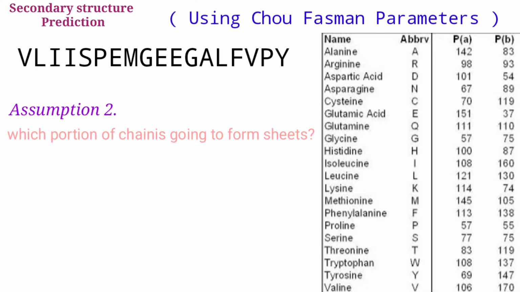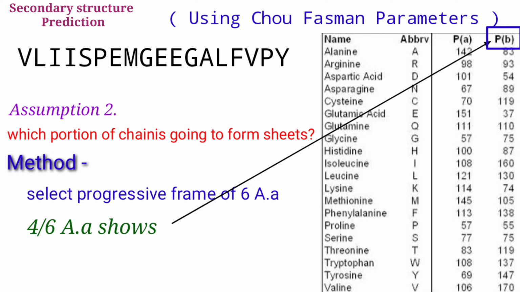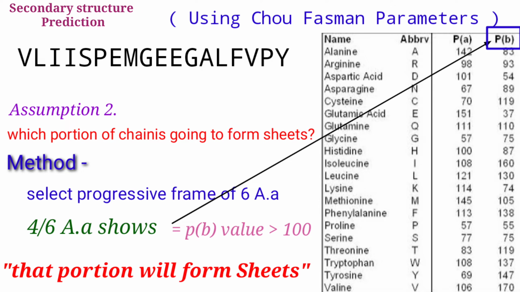The same experiment we can do for a beta sheet, in which we again select 6 amino acids, and if any 4 amino acids show a propensity for beta sheet of more than 100, we predict that this portion is going to form a beta sheet.